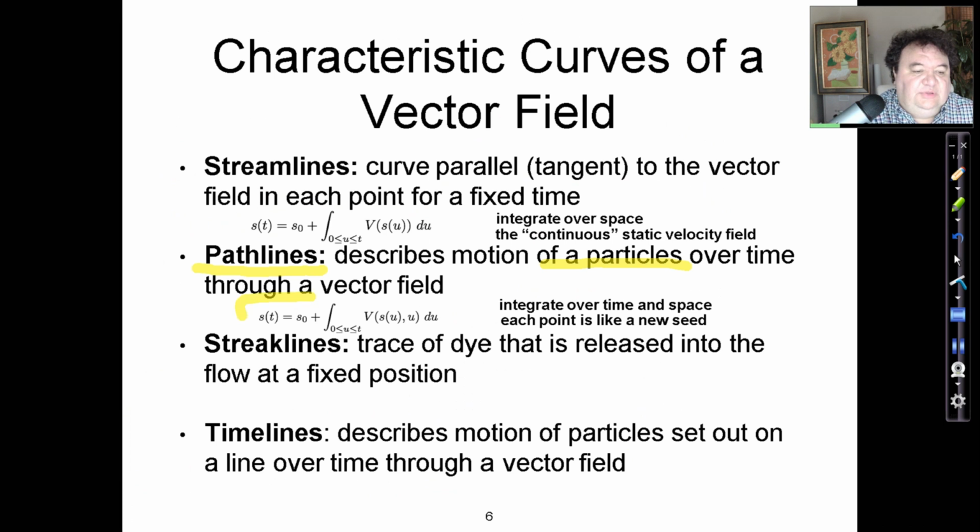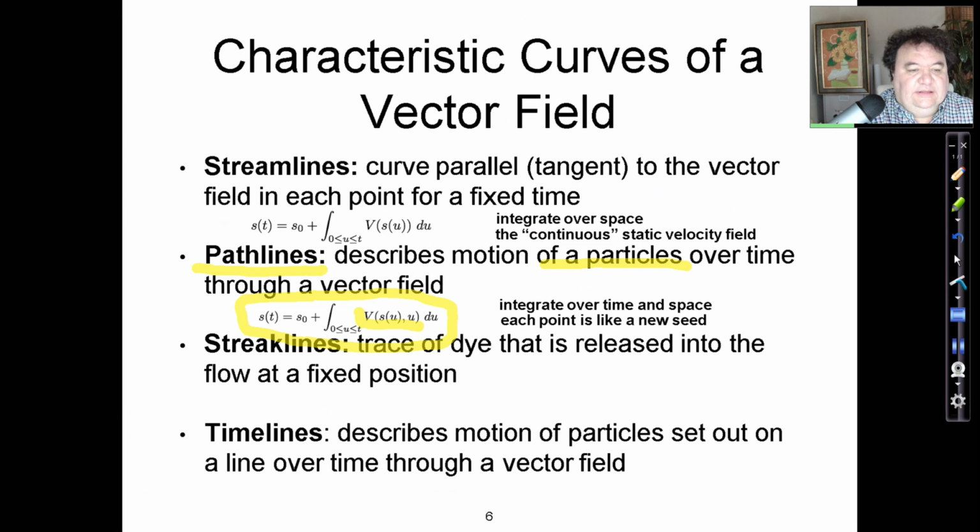So here would be the new integral representing the trajectory from the initial starting point. And notice that now the term representing the vector field is dependent on the parameter u that ranges from the beginning to the final time.